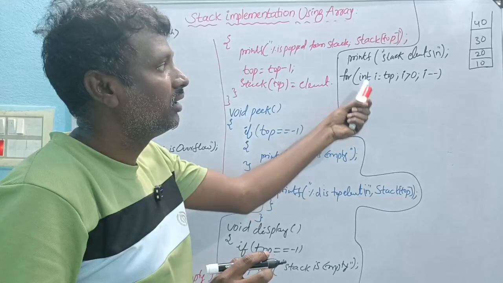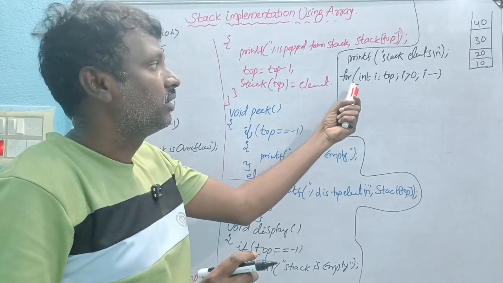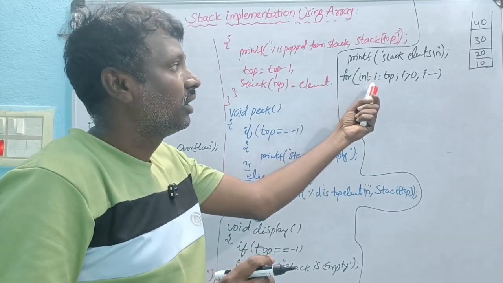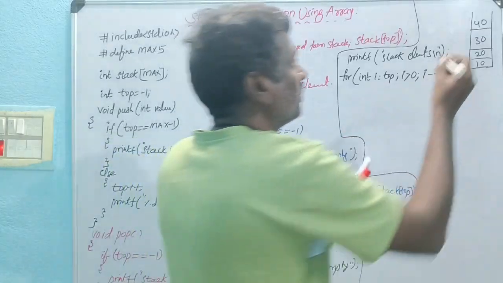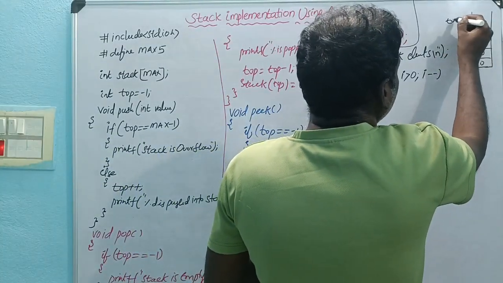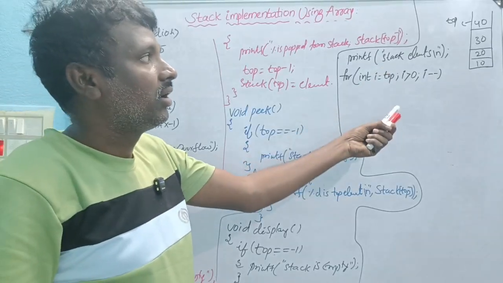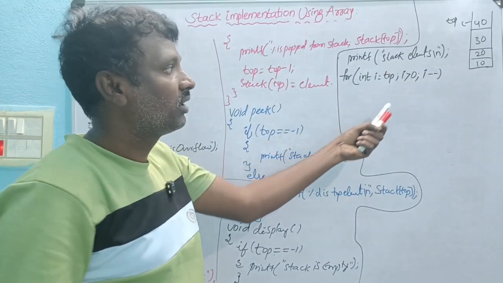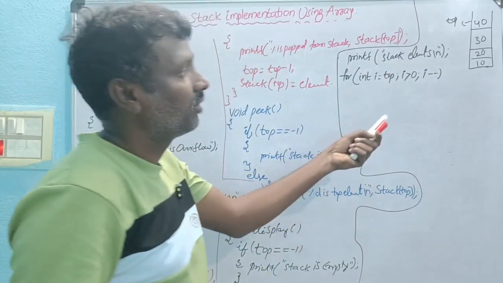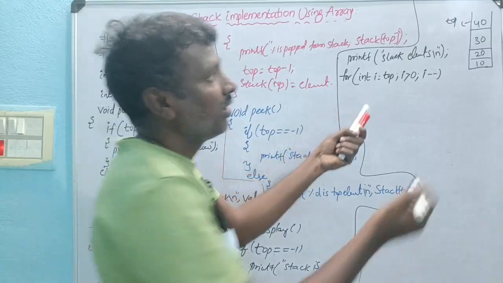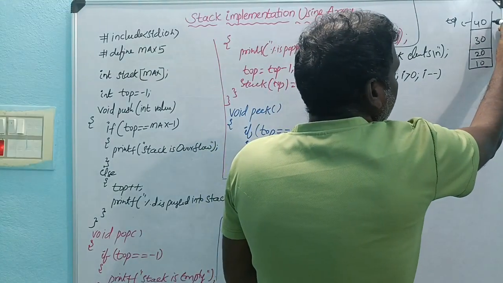See this display function, we are initializing i equal to top. First that element will be displayed. After that the second element, after completion of that the i value will be changed.